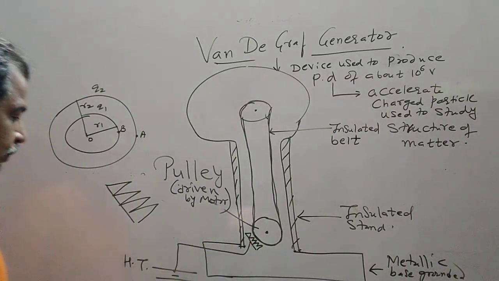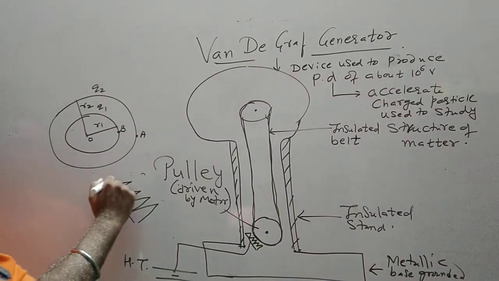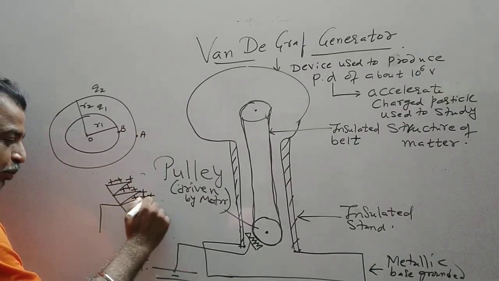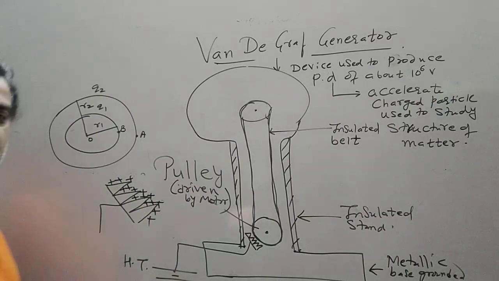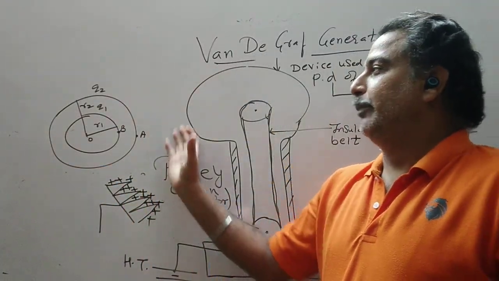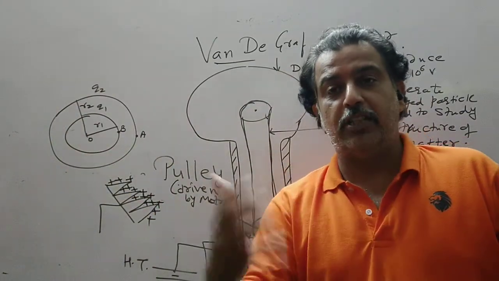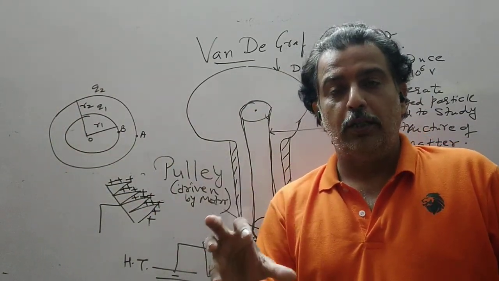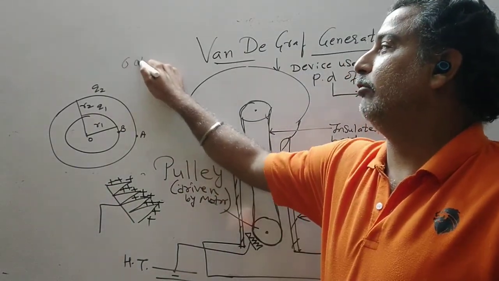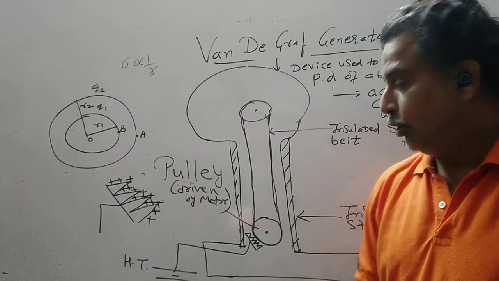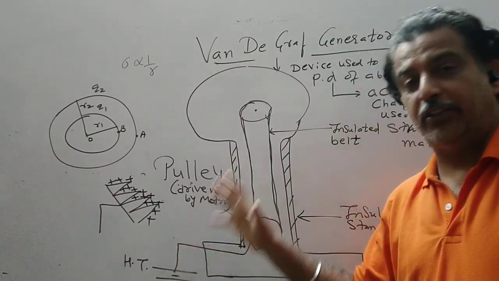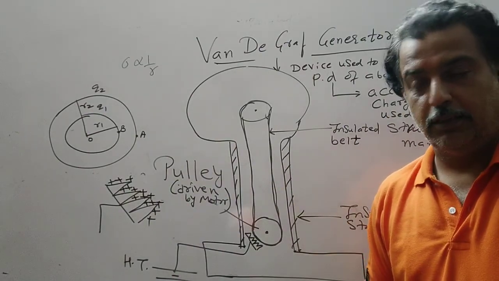This metallic comb, we know that the surface charge density is more on the pointed end. So we have discussed this numerical also. As compared to the plane surface, the surface charge density is more on a pointed end because sigma was inversely proportional to the radius. So we have a comb-like structure, and it is connected with a battery or a high tension supply. The voltage should be high.